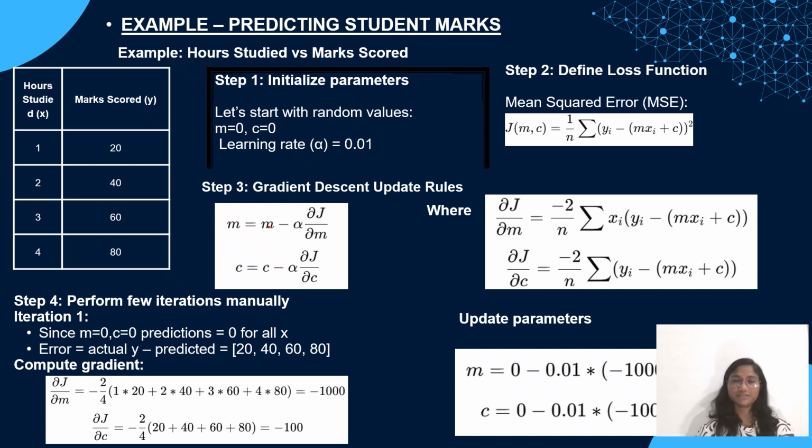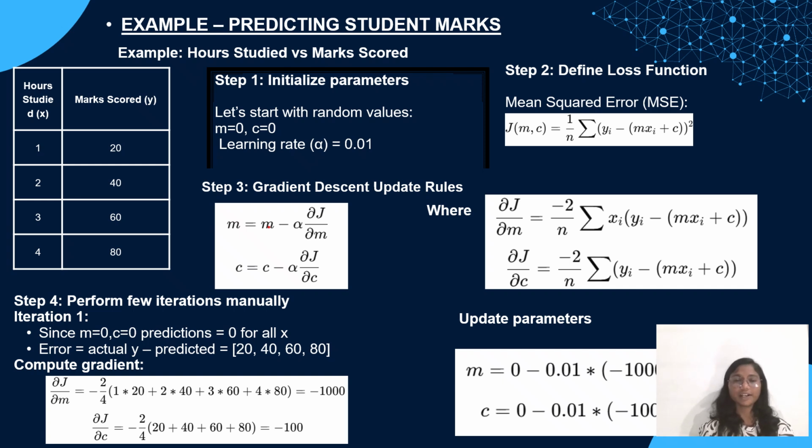So m new is equal to m old minus alpha times derivative of J with respect to m. From which we get the new m value from the old m value, that is the old slope. Next one is c new, that is c new equals c old minus alpha times derivative of J with respect to c.